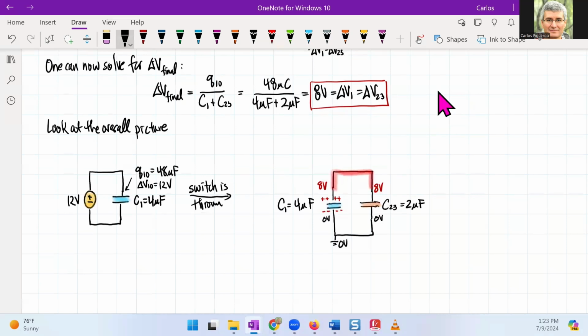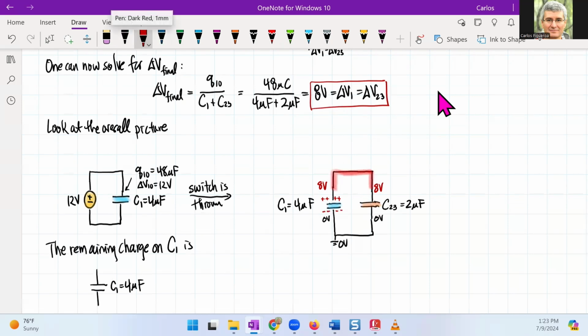The remaining charge on C1: this is C1, which is 4 microfarads, and it has a drop of 8 volts.